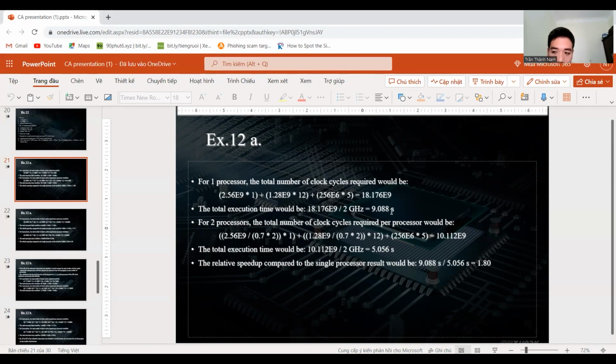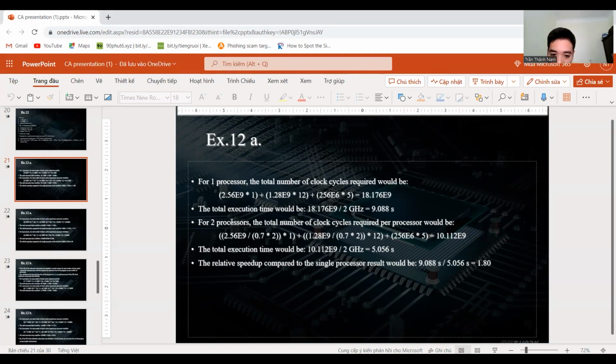For two processors, we have to divide the number of instructions of arithmetic and load and store by 1.7 times P, where P is the number of processors.